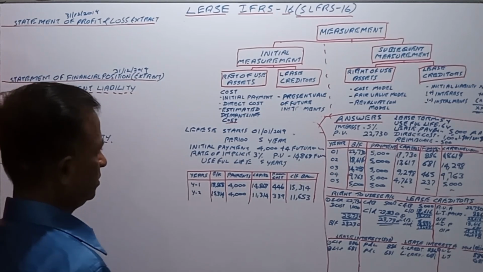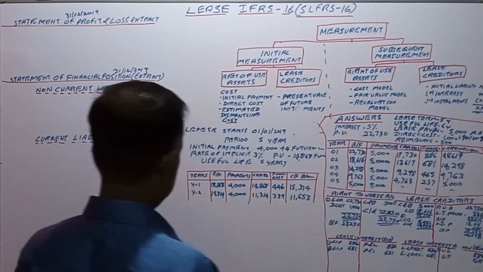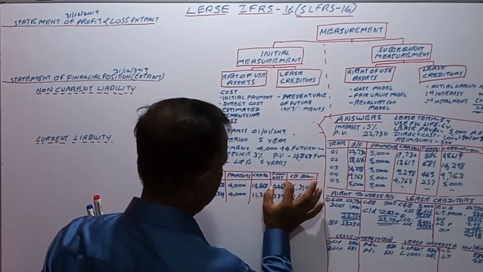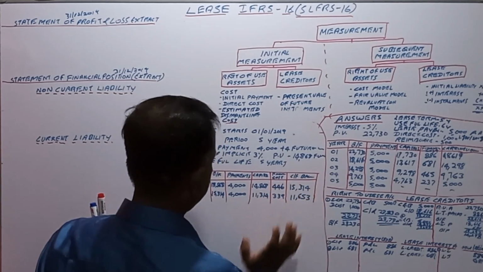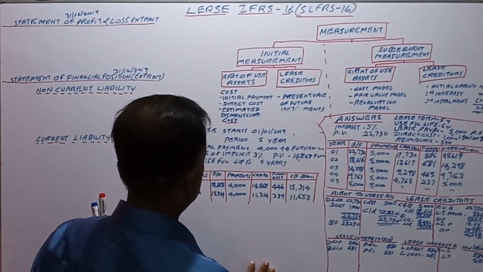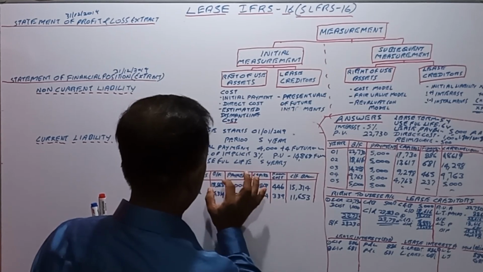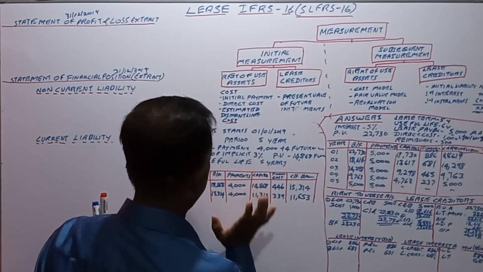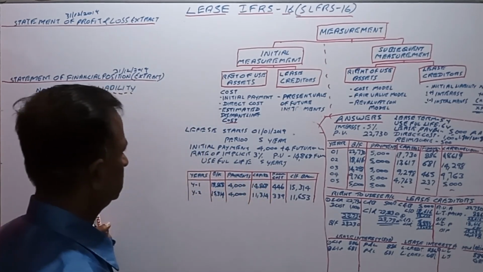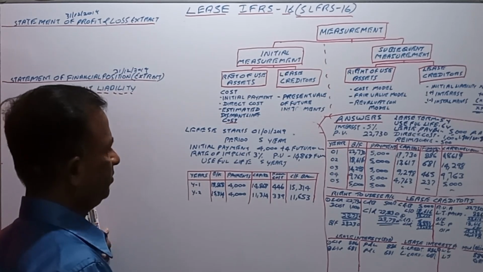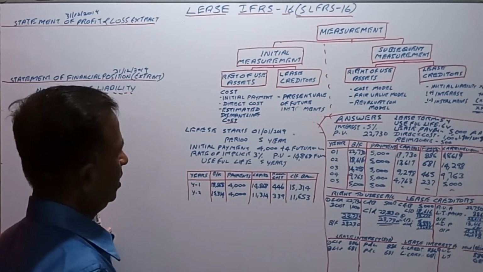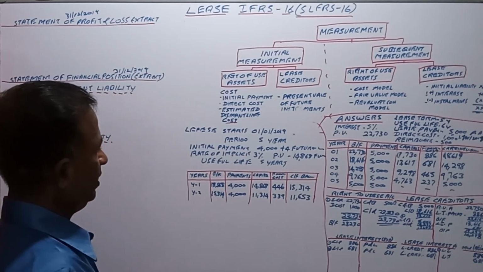So here we can identify the finance cost, the cost of the equipment, and the payments.